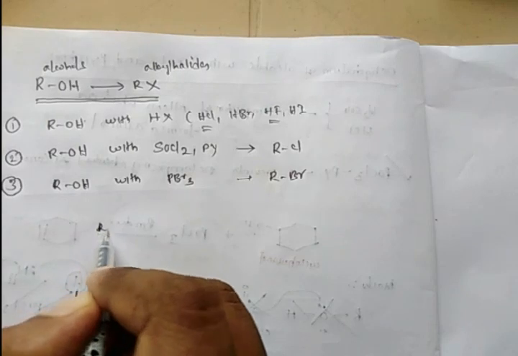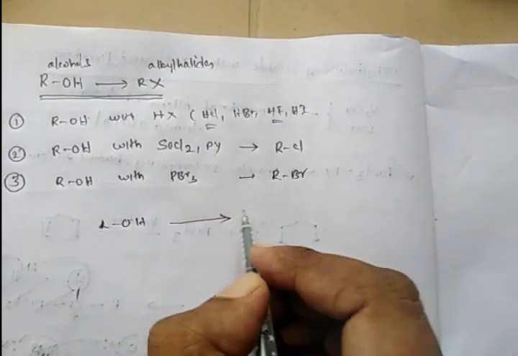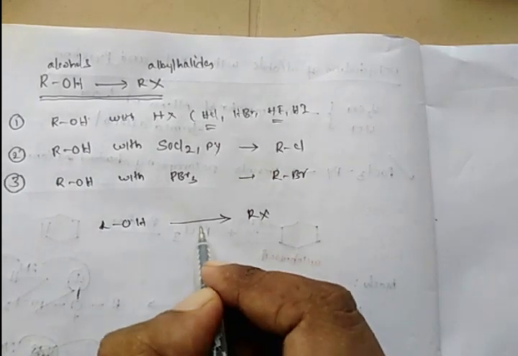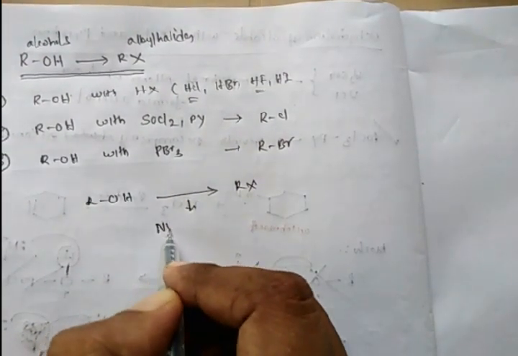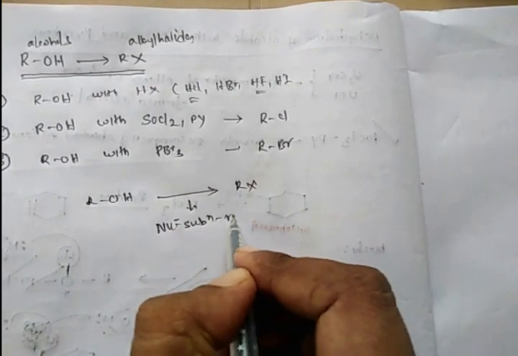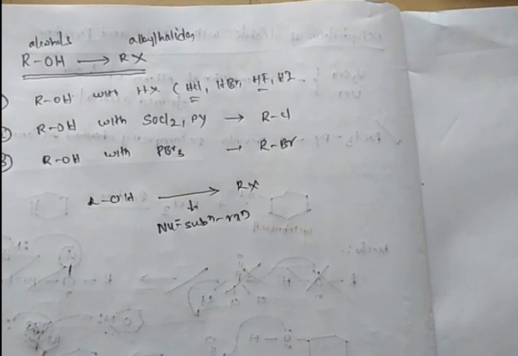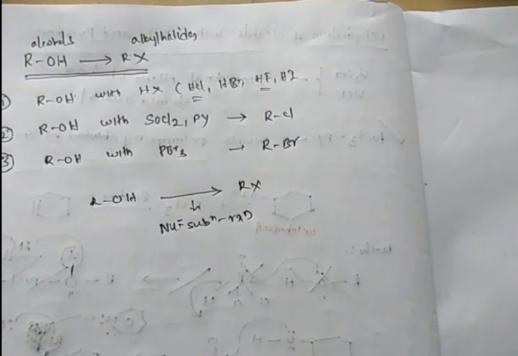So the conversion of alcohol into alkyl halide, the mechanism is generally via nucleophilic substitution reaction. The conversion of alcohols into alkyl halides is a nucleophilic substitution reaction.